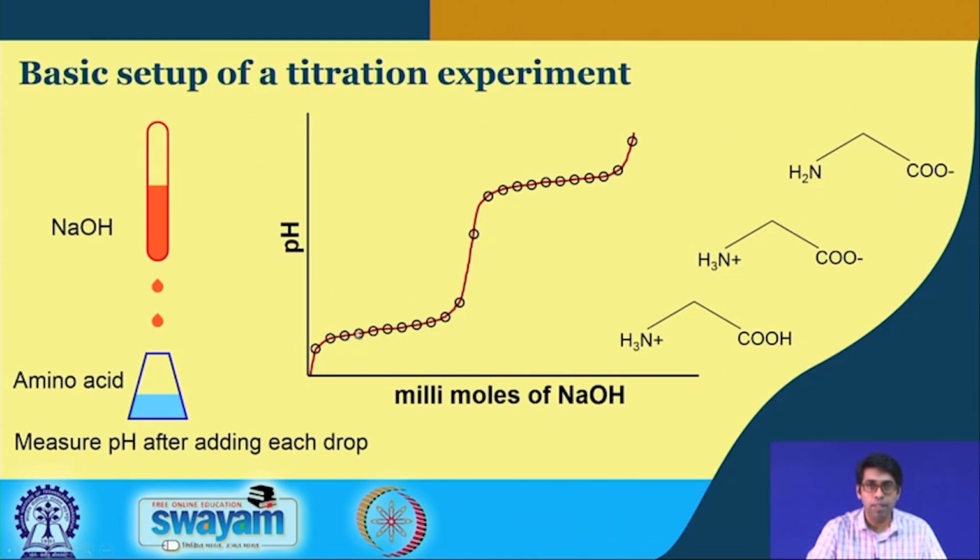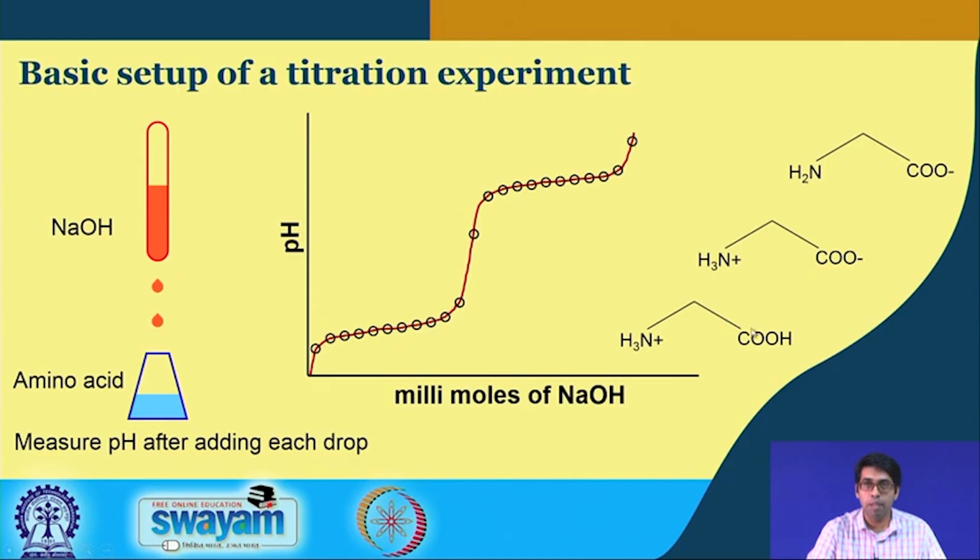As we keep on increasing the amount of sodium hydroxide, the pH will increase, and at this point we get an inflection. That inflection is due to the ionization of this carboxylic group. The carboxylic group loses the proton somewhere here, and if you draw a straight line and take the midpoint of that straight line, you will get the pKa value, which will be the pH at this midpoint.